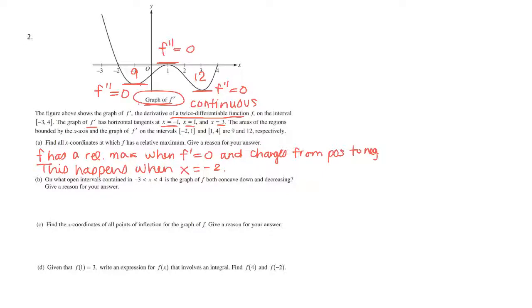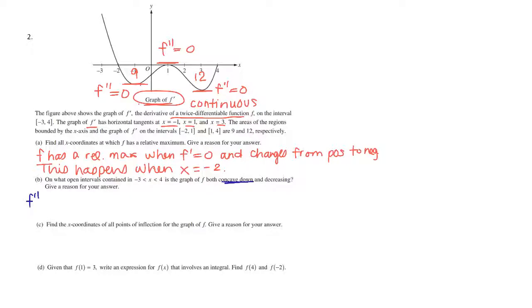So let's think through this, because when you see this question, you're going to be like, okay, what do I know here? Well, f is both concave down. Well, let's talk about concave down. When I see concave down, I know what has to be true. F double prime has to be what? Close, not necessarily decreasing, but negative. Okay, but f prime would have to be decreasing.